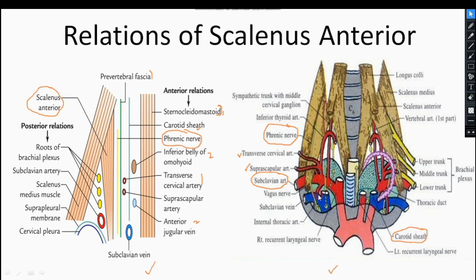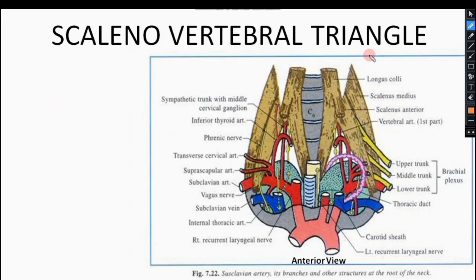we can see that this is the base of the scaleno-vertebral triangle. This scaleno-vertebral triangle is important for your short note in your examination, as well as for the clinical. It is important clinically because many important structures you will see in this triangle.